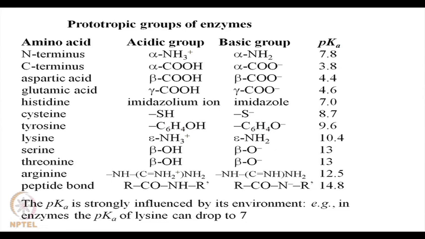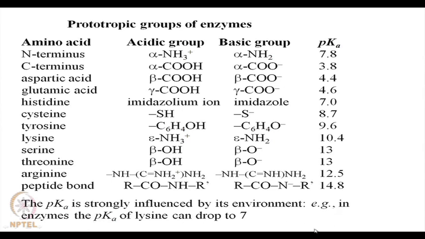Suppose this NH3 plus, that is this extra proton, is stabilized by hydrogen bond, or this charge is stabilized by nearby negative groupings, then this form will be stabler. So, these numbers will change, and it is very much environment dependent.